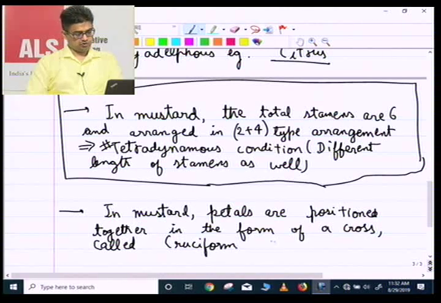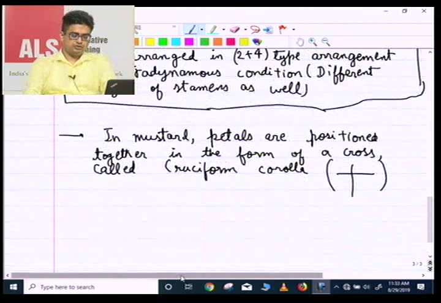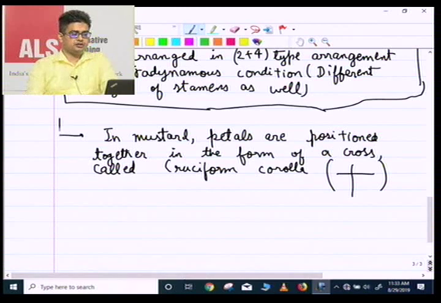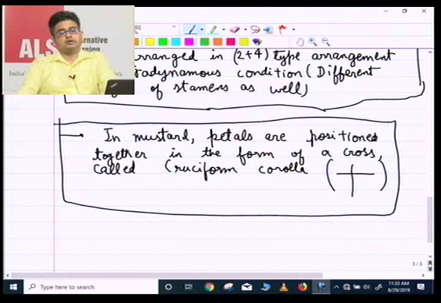So it is arranged in the form of a cross, that is why it is called a cruciform corolla. Okay, so this is all about androecium. The important point is about cohesion of stamens.